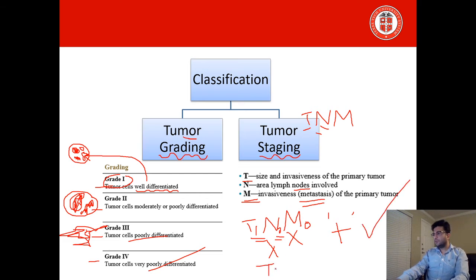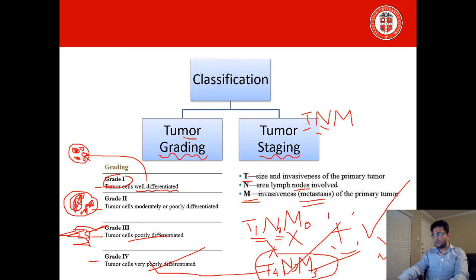On the contrary, if you have T4, N3, let's say, and M, let's say 3 or something, it means it carries a very bad prognosis, because the tumor has spread everywhere, it has involved a lot of lymph nodes, and it's a grade 4, so it's poorly differentiated.